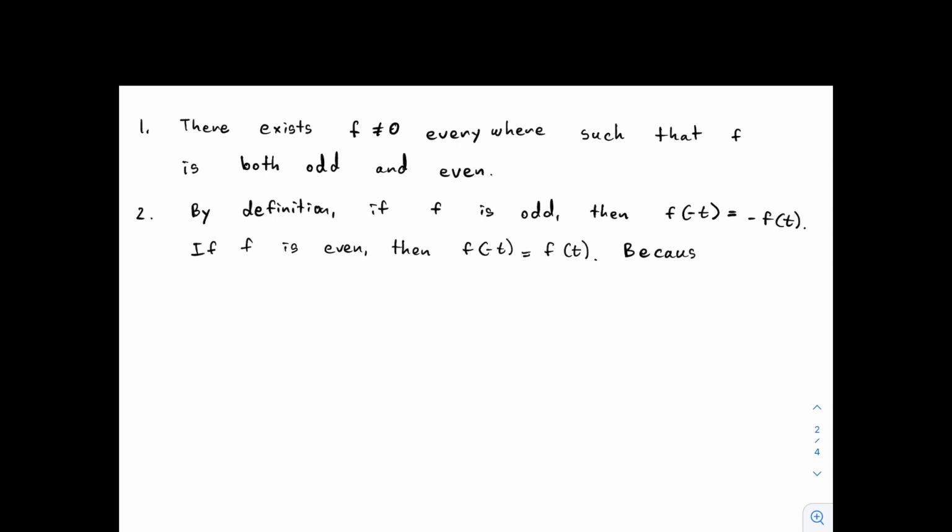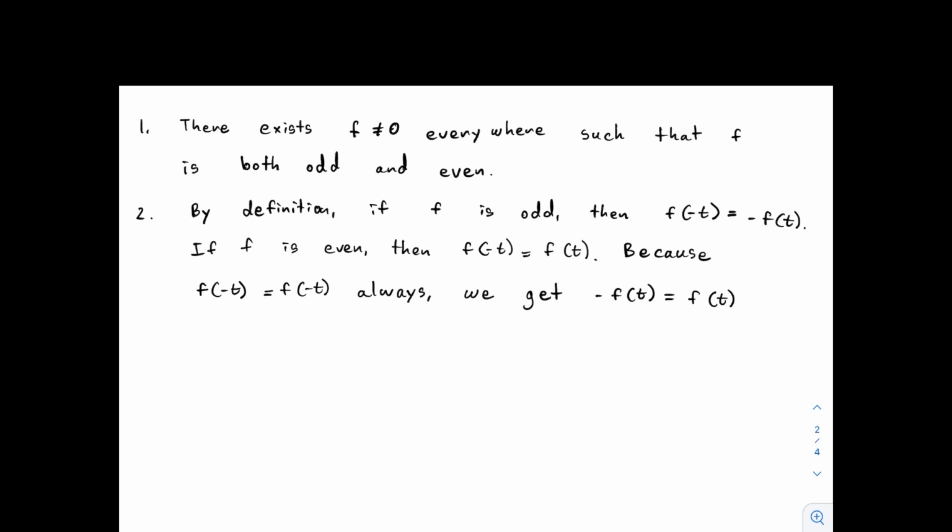Because f of negative t equals f of negative t always, we get negative f of t equals f of t, right?